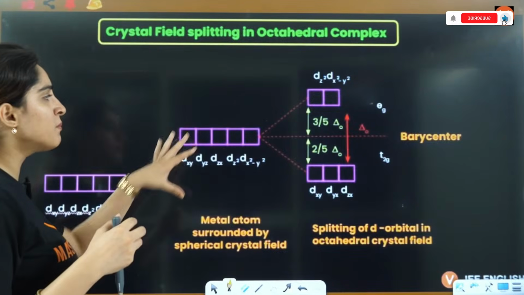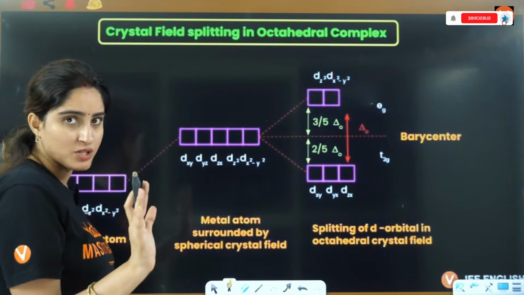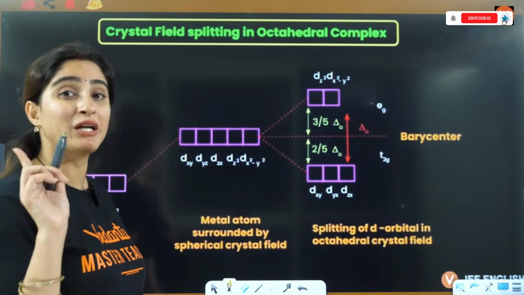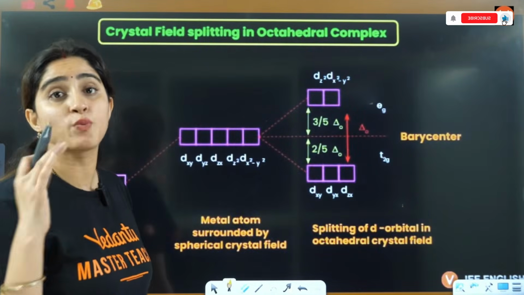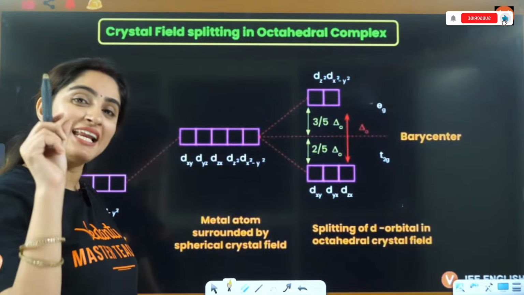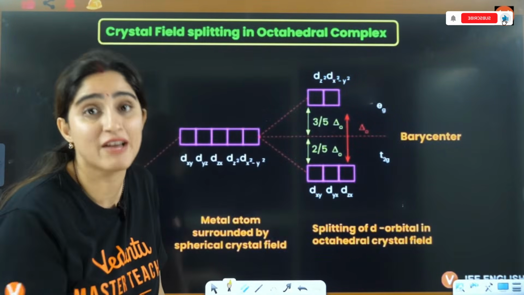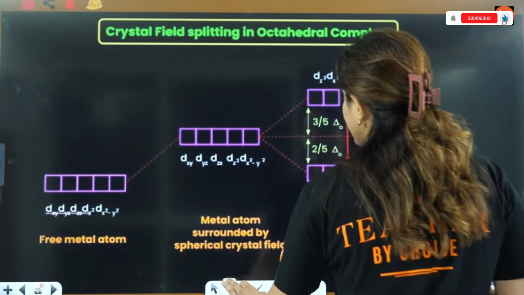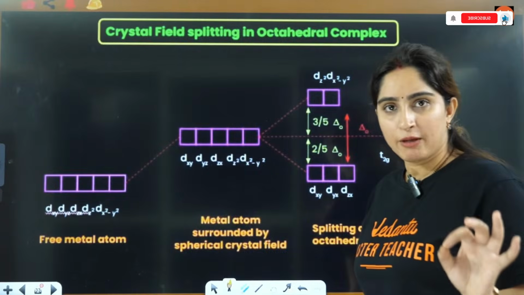Then when they come really close, there will be a repulsive force between the d electrons of the metal and the electrons donated by the ligands. So electron-electron repulsion will be there, and that is why splitting of d orbitals will take place.